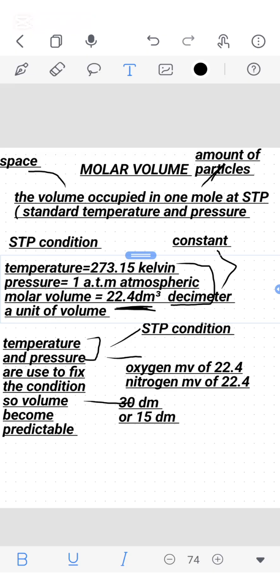Why is it the same? Because the molar volume is constant. Even though the gases are changed, the molar volume isn't changed. So that is the condition.